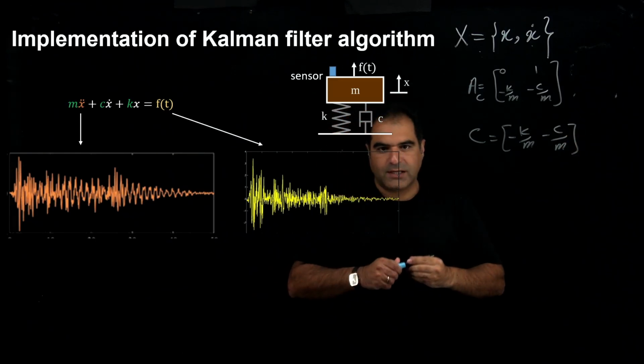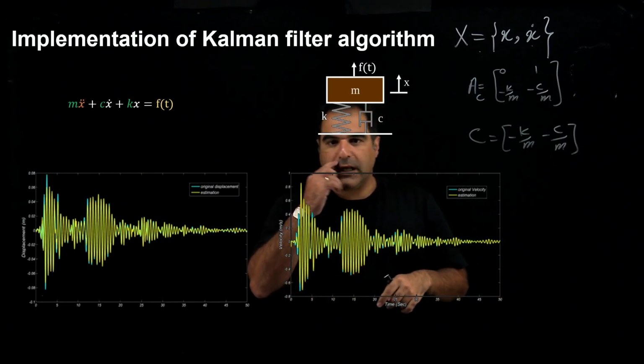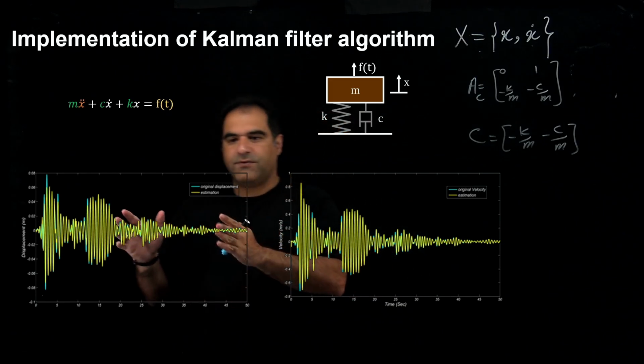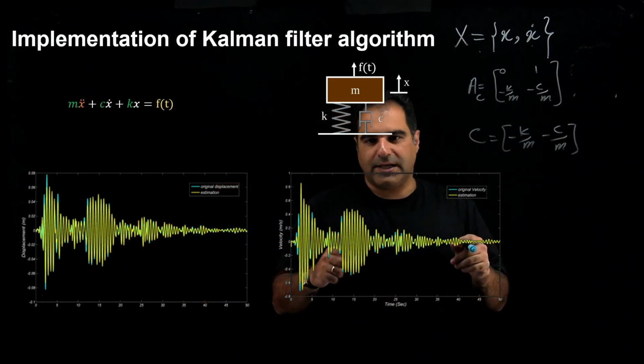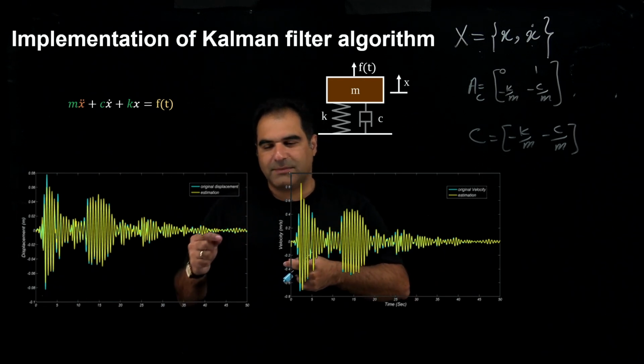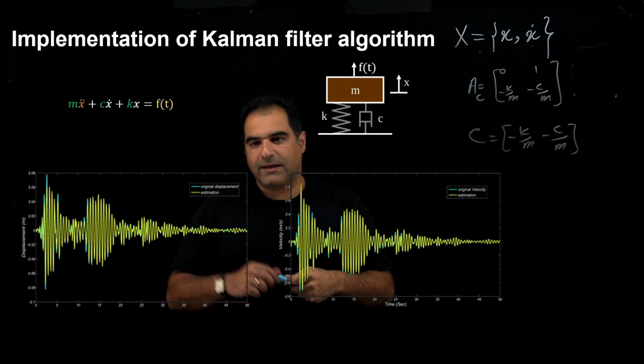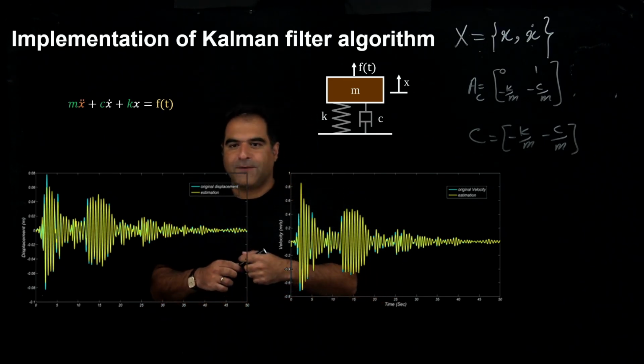Using this information and the linear Kalman filter algorithm, we are able to estimate the displacement of vibration and velocity of vibration. As you see here, I compared the Kalman filter estimation, which is shown with the yellow line, with the ground truth.